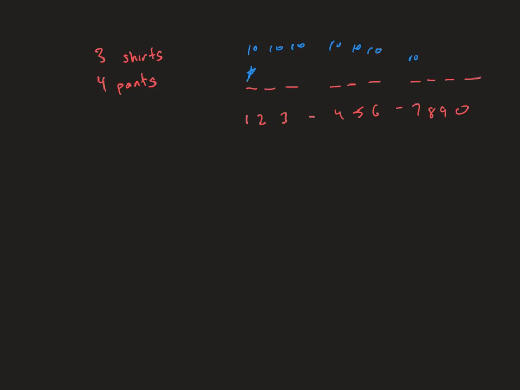In the last example, when we had 3 shirts and 4 pants, you multiplied to find how many total combinations there were. So in this example, it would be 10 times 10 times 10, and so on, so that would be 10 to the 10th power. That would be the total number of phone numbers that are possible to exist. So that's a quick introduction to counting.